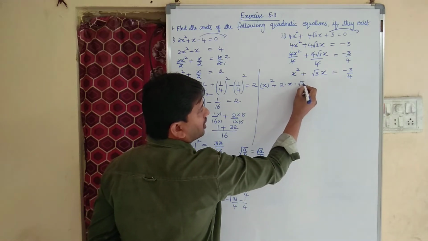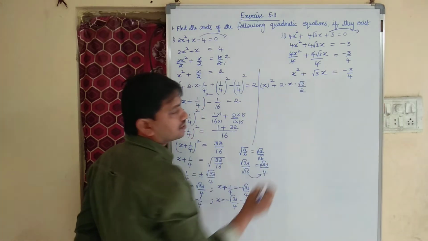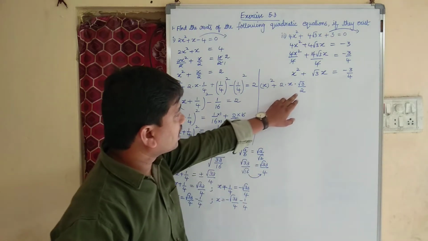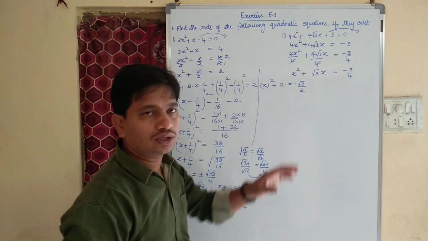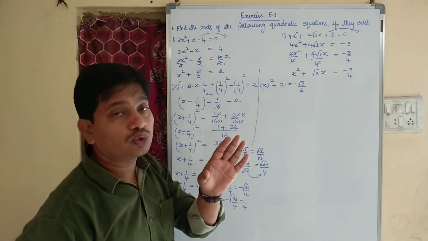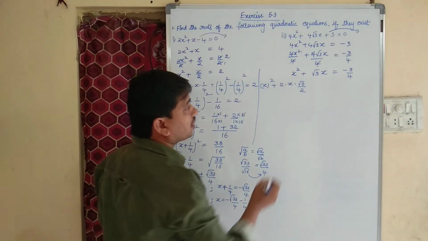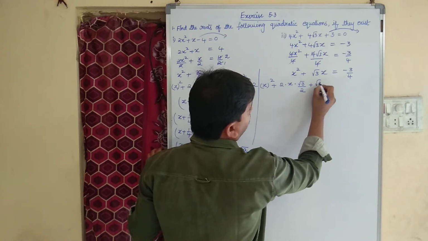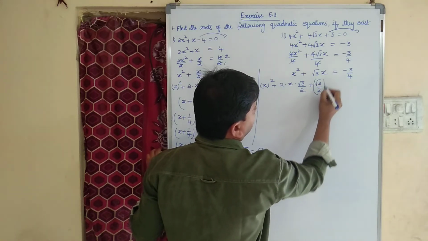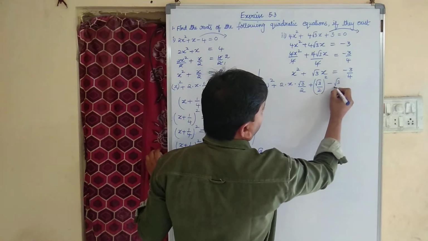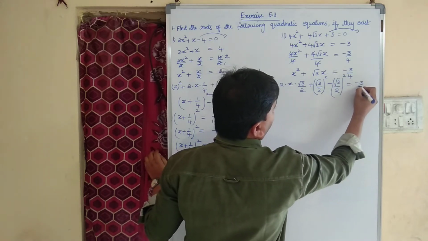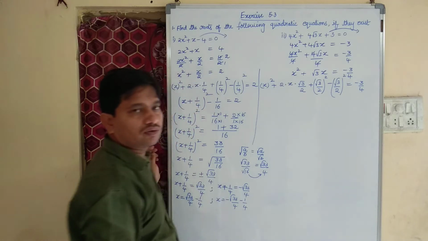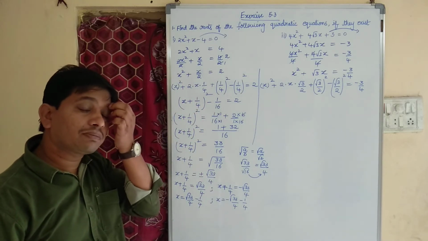The value of b is √3/2, children, because if I cancel this 2 and 2, again I will get √3 into x, √3x only. Now the value of b is √3/2. That we need to add: (√3/2)² minus (√3/2)² equal to −3/4. Once we need to add, at the same time we need to subtract.